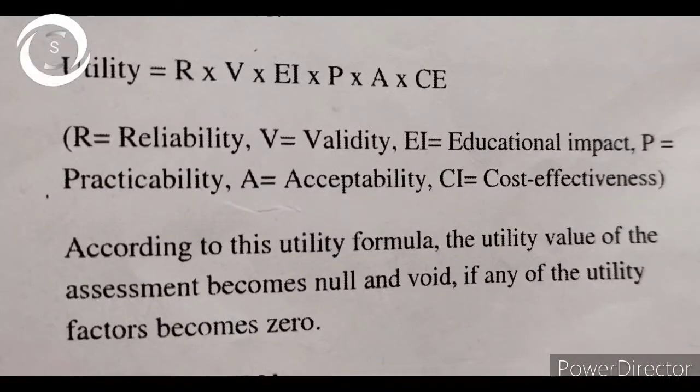At the end, the rigor of the assessment is determined by validity, reliability, and educational impact, but this is achieved by the cost effectiveness, feasibility, and acceptability of the assessment tool. So all the 6 components are very important for any exam, and higher scores mean that the strength of the assessment is excellent.